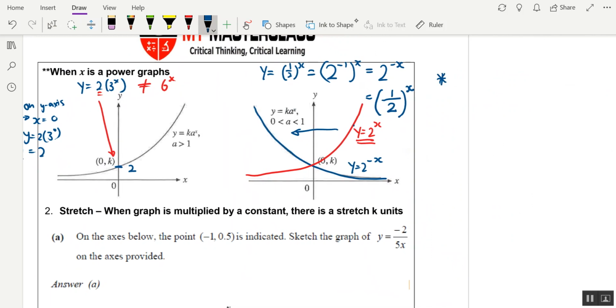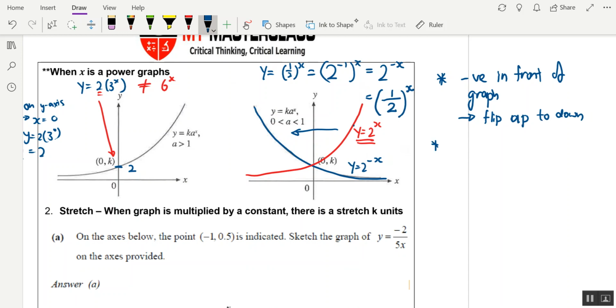So what is important is, if the negative is in front of the graph, we flip it from up to down, and vice versa.